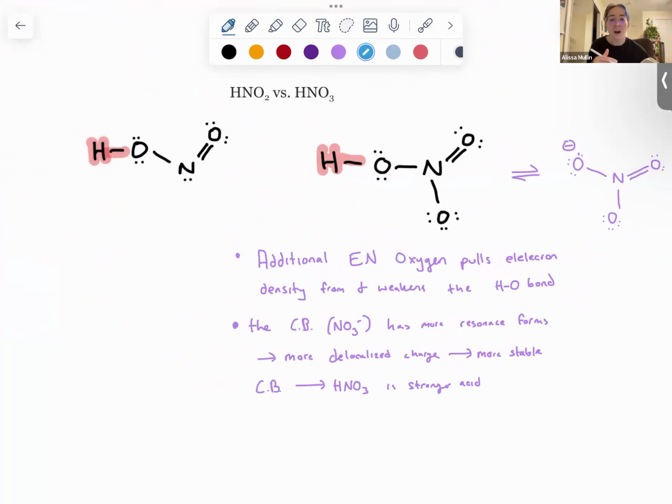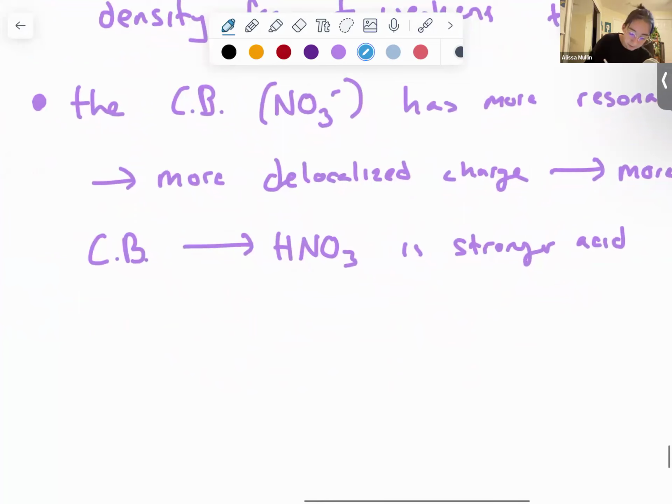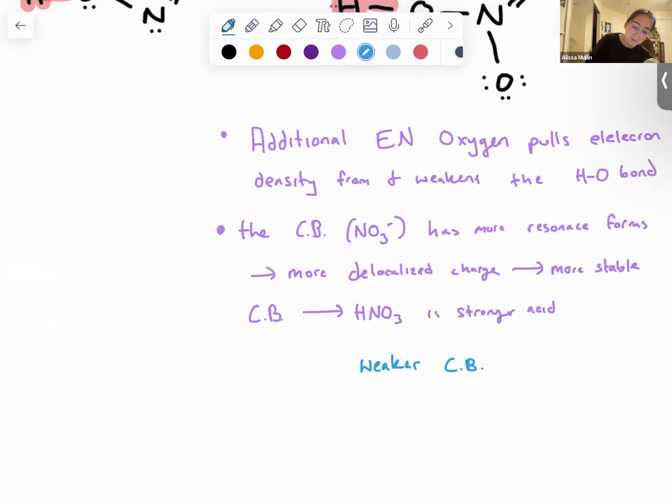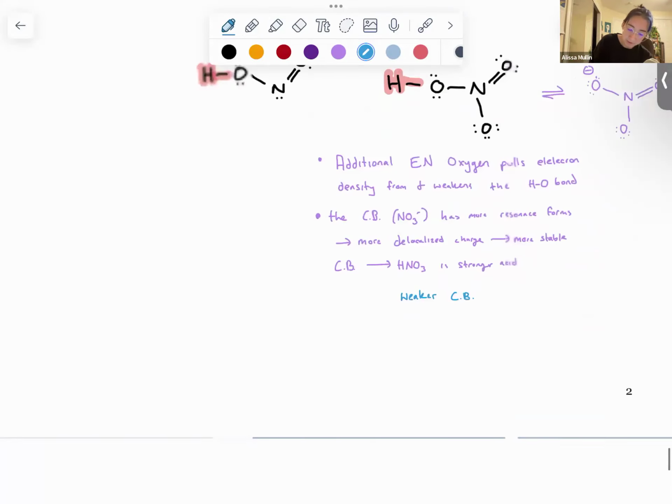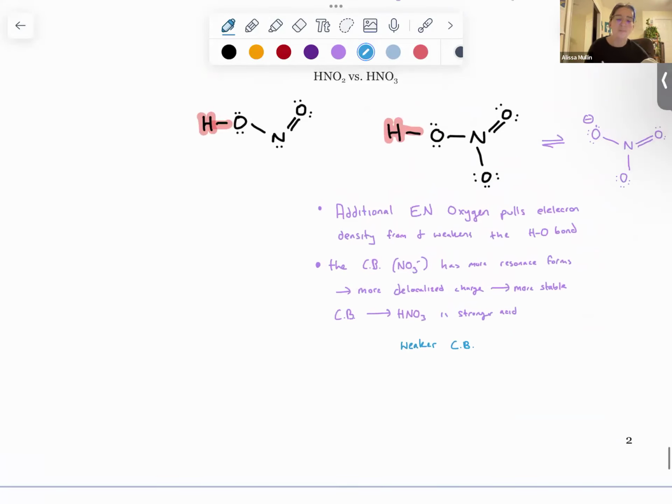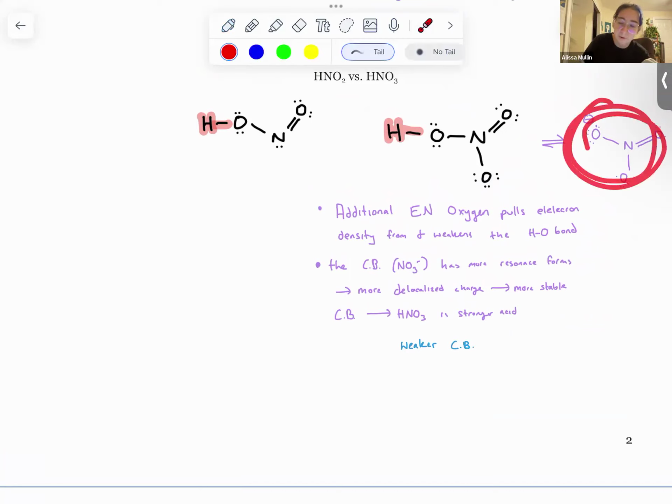So again, if we wanted to do the opposite, this one is the weaker conjugate base, and this one would be the stronger conjugate base, right? So if we're assessing base strength, we would just use the same reasoning, looking at the base form, the conjugate bases.